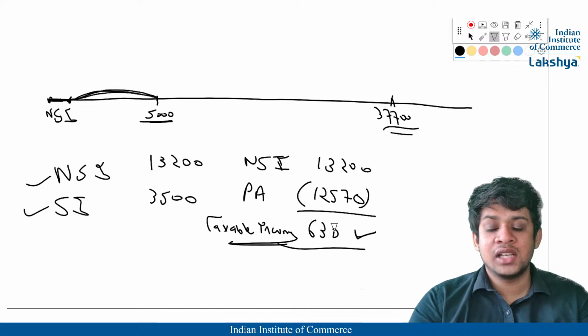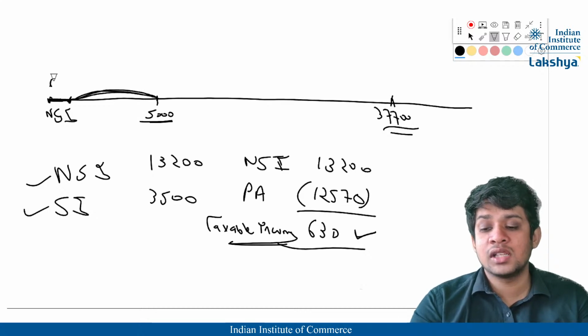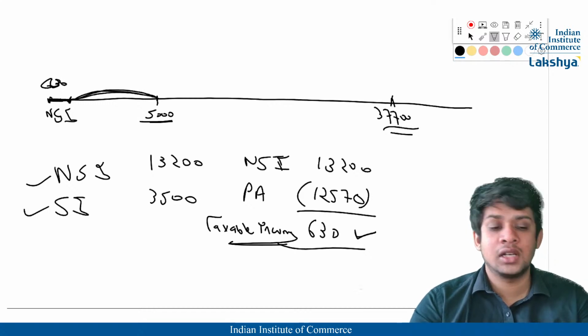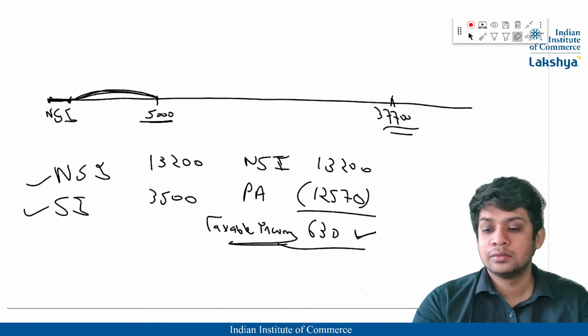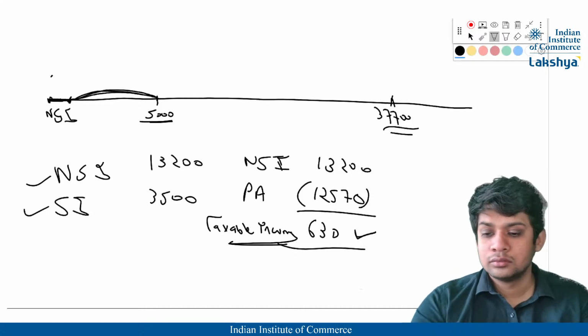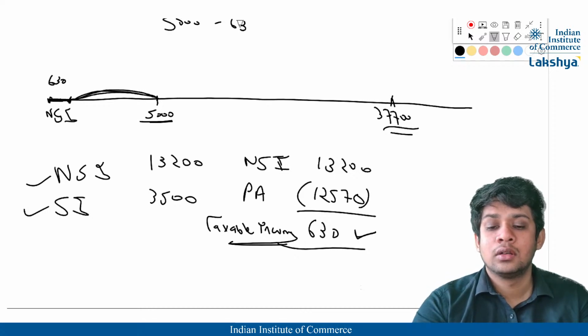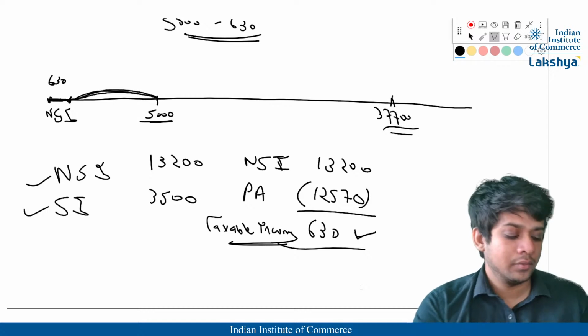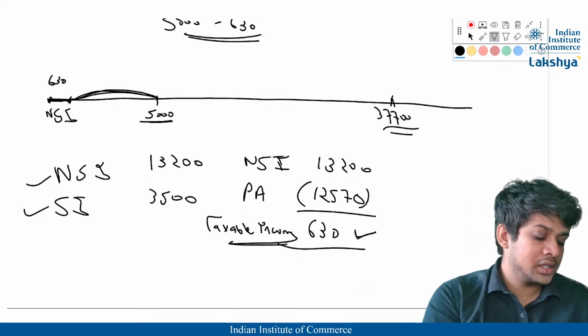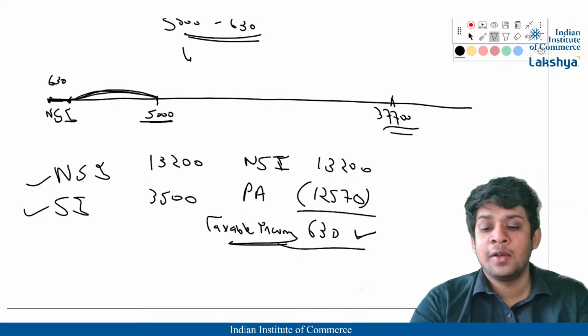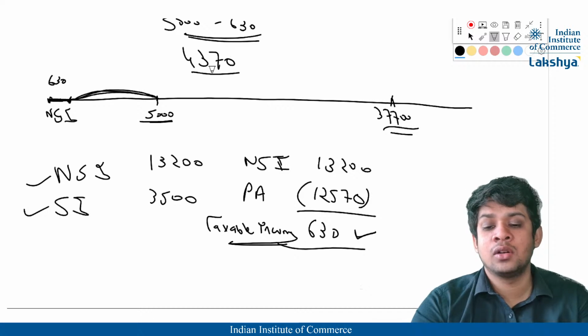So what is that? 630 is occupied by the non-savings income. I'll just rewrite this. So the remainder is 5,000 minus 630, which gives me 4,370.